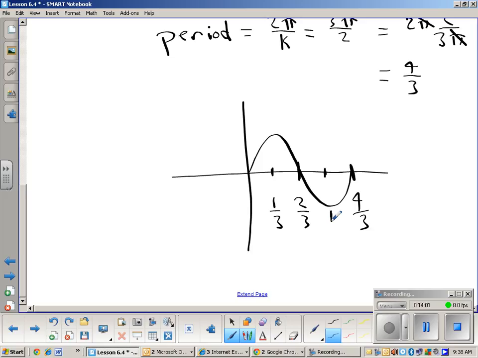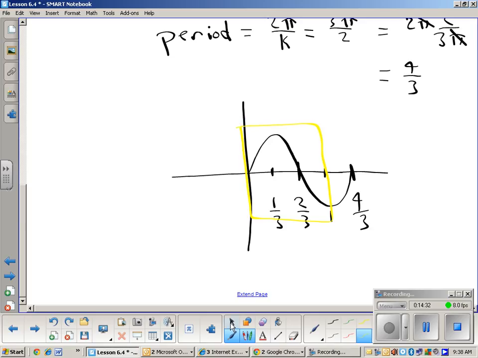How much is pi? 3.14. So this is 1, and pi is 3.14, so it would take 3 of these and a little bit more to get to where pi normally is, right? So this is really shrunk down.